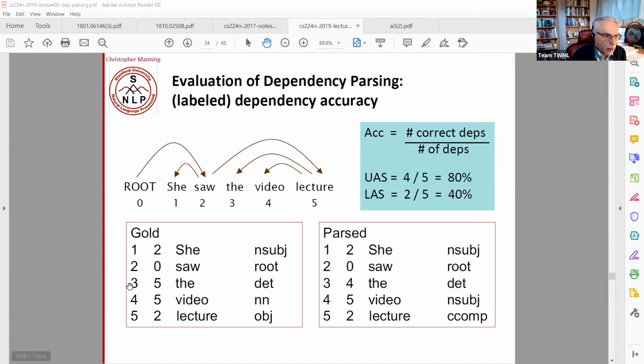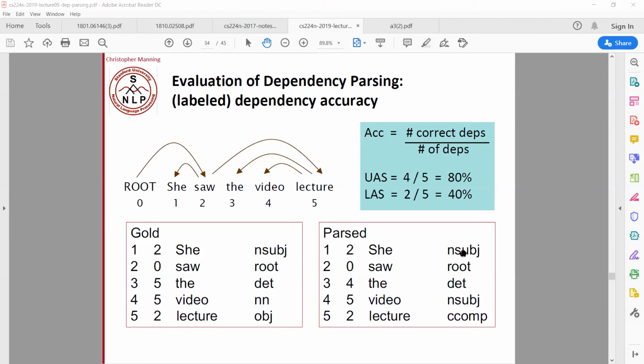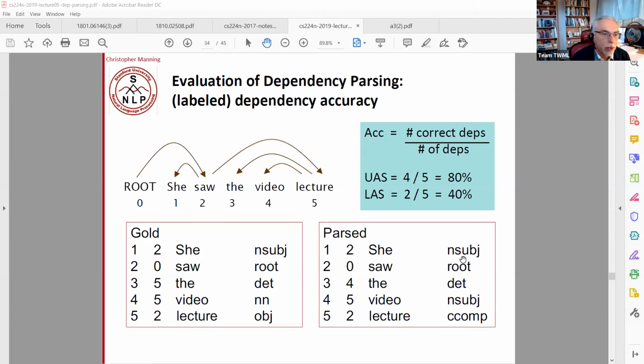You got the arc wrong. So these are the only two that are correct, that have both the correct numbering and the correct label. So that's why this is 2 out of 5. But anyway, this again we'll go over in the homework assignment, so it's not necessary to do anymore.